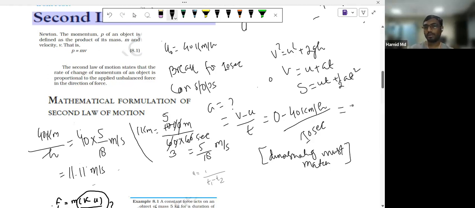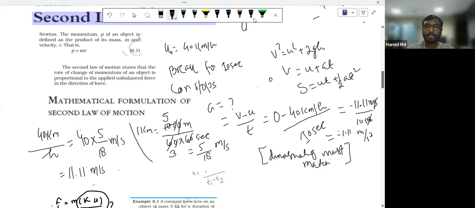This is minus 11.11 meter per second divided by 10 seconds, right? The second will be cancelled. We will be left with minus 1.11 meter per second. Oh, how? It's meter per second square, since second is down there. Got the point?